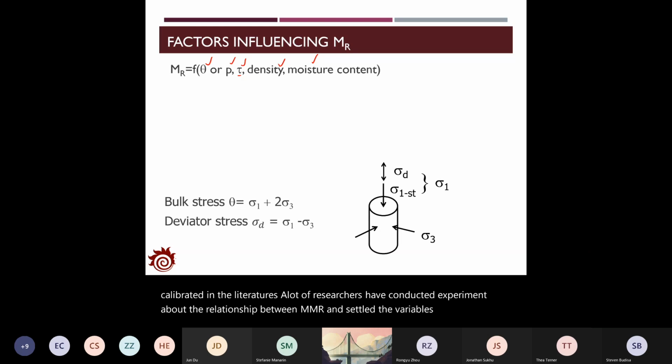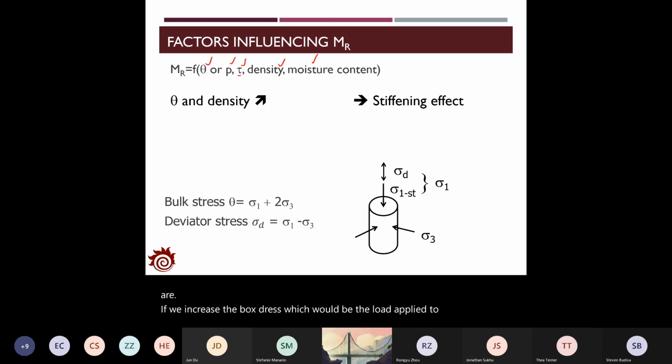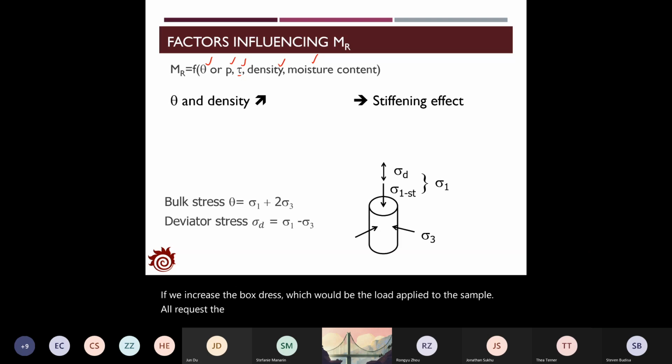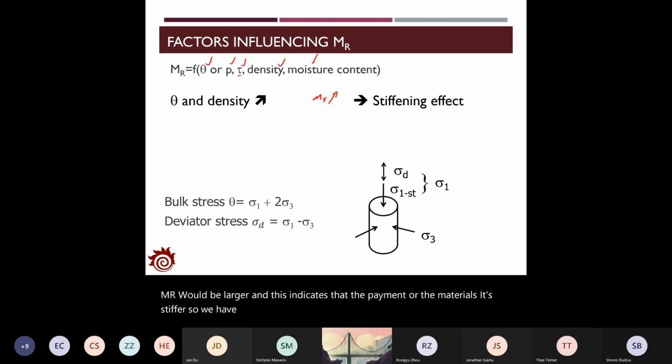Basically, if we increase the bulk stress, which is the load applied to the sample, or we increase the density, then we can find the value of MR would be larger. This indicates that the material is stiffer, so we have a stiffening effect.